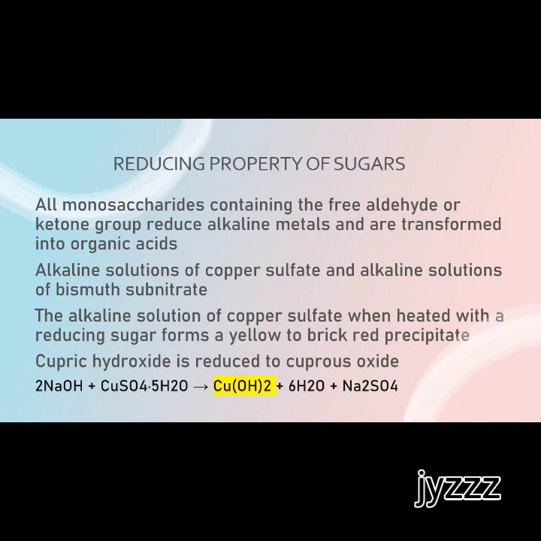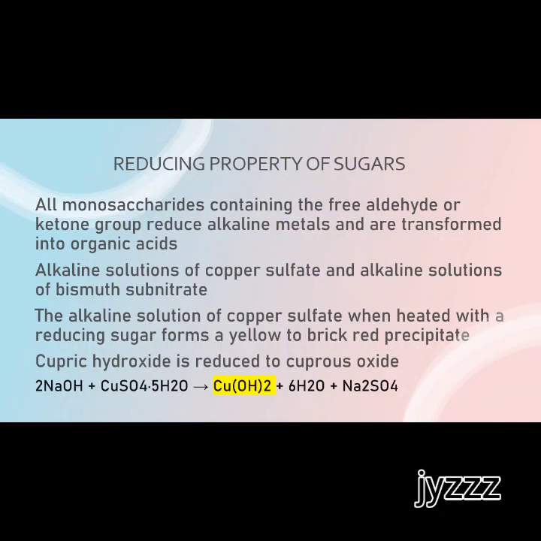The cupric hydroxide, which is blue, the copper 2, is reduced to copper ions only, to give you the red color. The cupric hydroxide is reduced to cuprous oxide to give a red color.